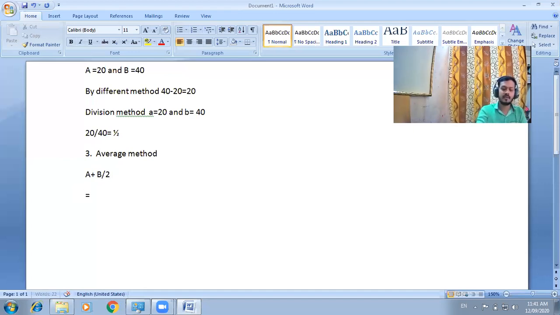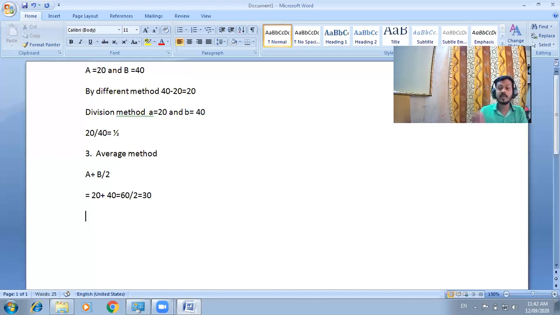Then the value becomes 20 plus 40, which is 60, divided by 2. Someone may ask where this 2 comes from. There are only 2 persons, A and B, so we divide only by 2. But if you want to compare 4, 5, or 6 persons, then you will divide by 4, 5, or 6. So your answer becomes 30.